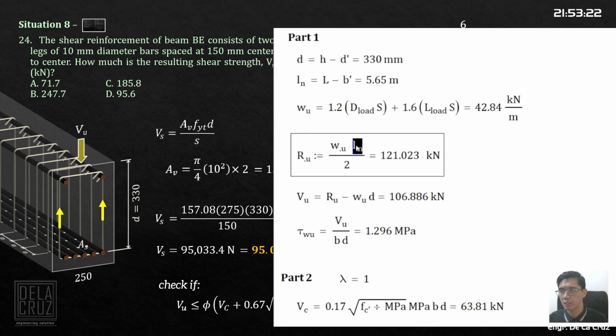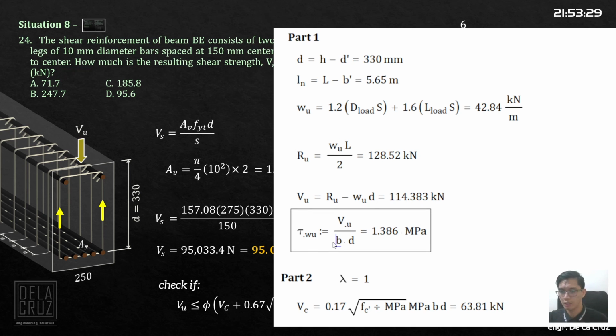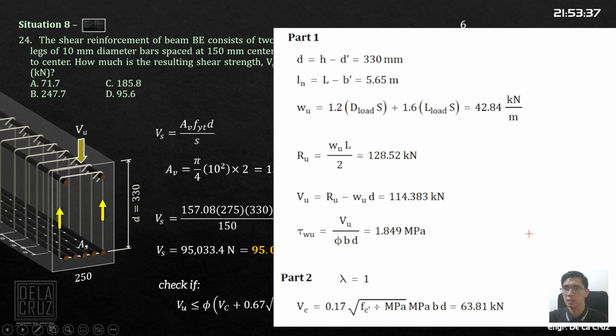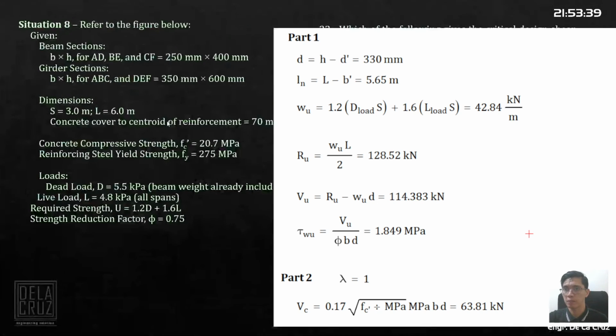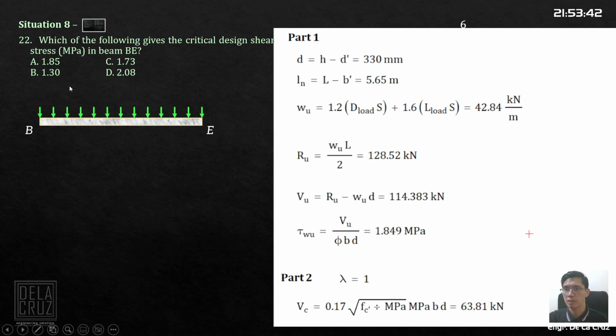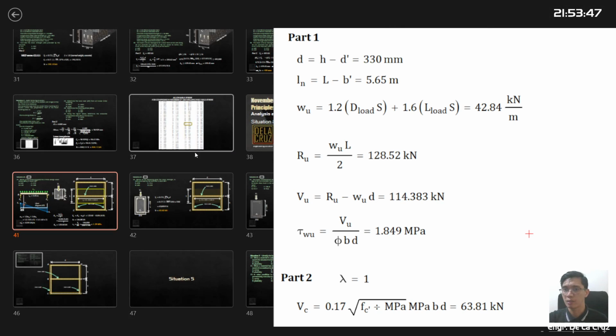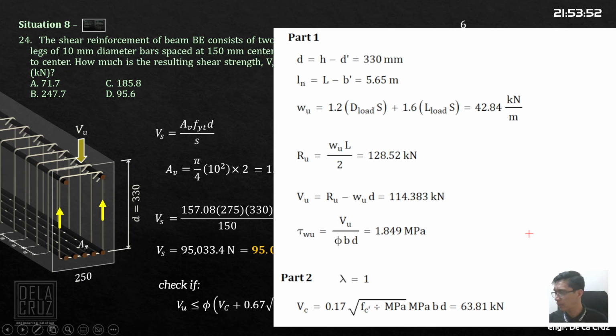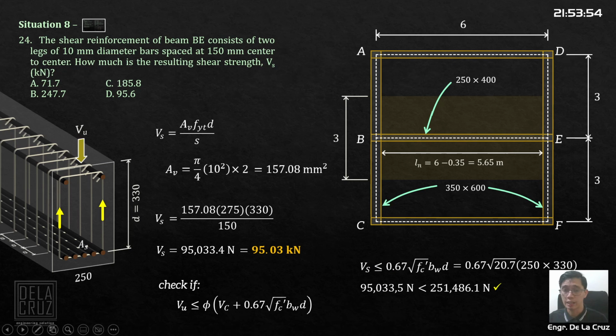If L is 6 meters, hindi LN yung gagamitin ko. Yan. Then, lagyan ko ng P dito. Ilalagyan natin ng P. You have 1.84. That's number for the first problem. So, 1.84 or 1.85. Alright. Anyway, talagang need natin ng principal. So, that's it for this situation.